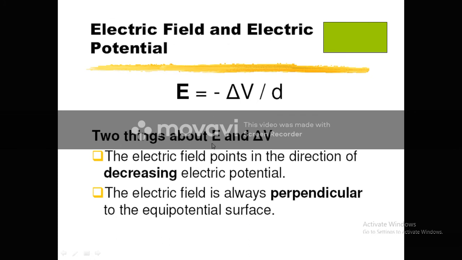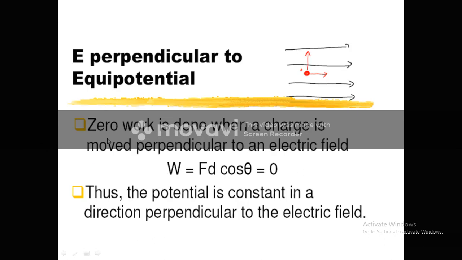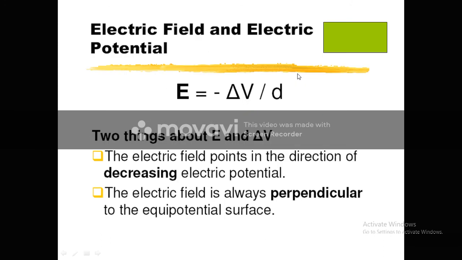Okay, so two things about the E and V. The electric field points in the direction of decreasing electric potential. We will explain this point. As the distance is traveled, the electric potential is going to decrease.